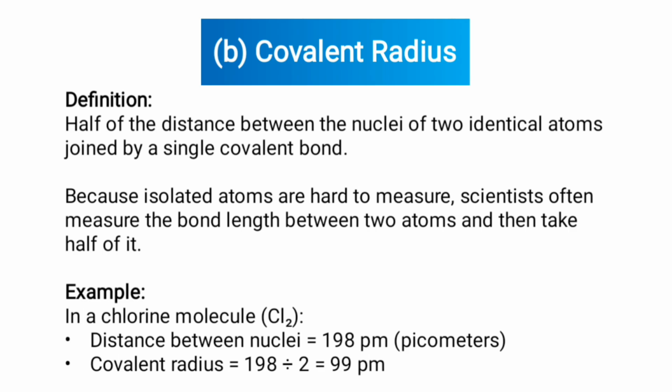Example: in a chlorine molecule, Cl2, the distance between nuclei is 198 picometers, and the covalent radius is 198 divided by 2, which is 99 picometers.